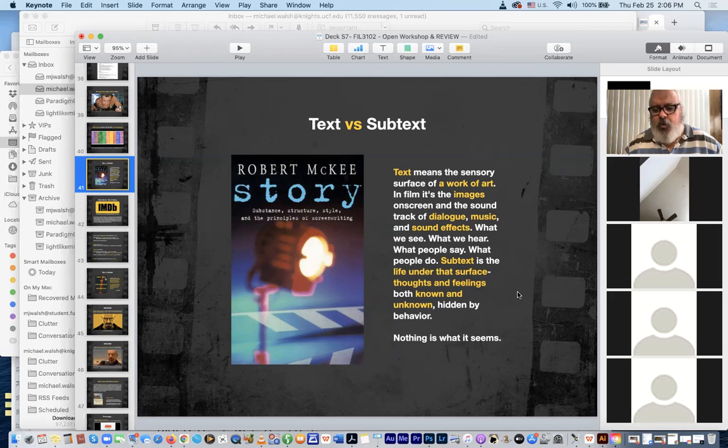What we see, what we hear, what people say, what people do, all of that contributes to the text. And subtext, in a nutshell, is the life under the surface, the thoughts and feelings, known and unknown, hidden or disguised by behaviors and by dialogue. So this chapter I gave you out of McKee really underscores the whole discussion about subtext.